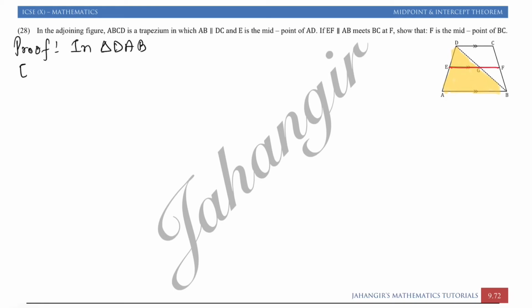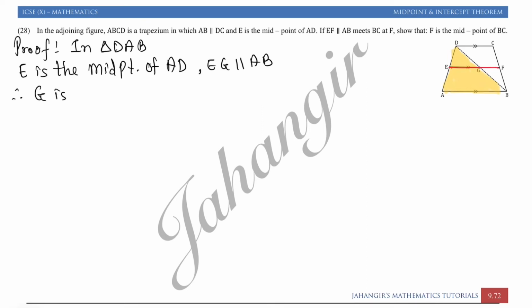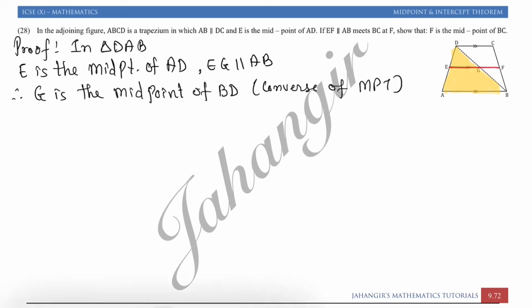In triangle DAB, E is the midpoint of AD, and the line passing through the midpoint of one side of a triangle is parallel to the other, EG is parallel to AB. Then therefore we can say G is the midpoint of BD. This is by the converse of the midpoint theorem. This we got.